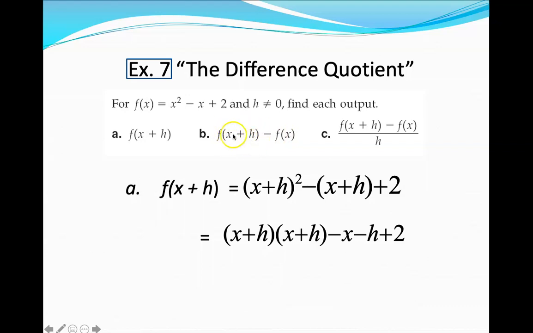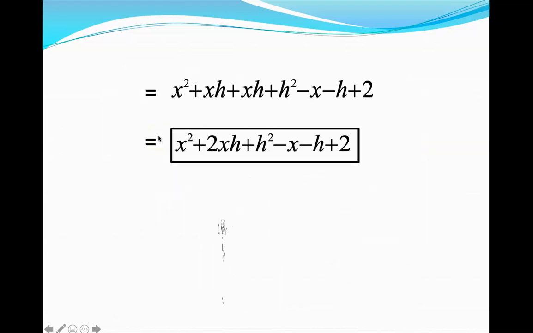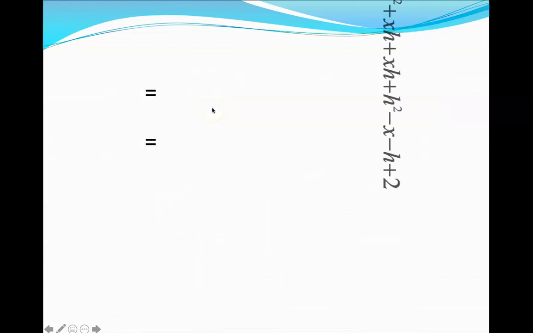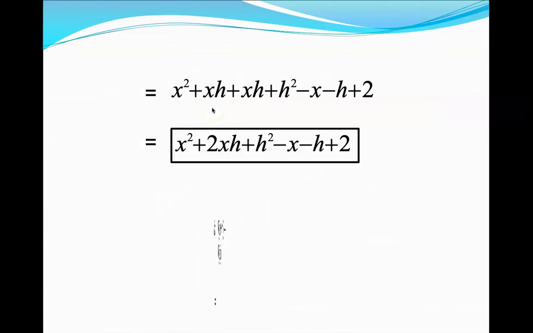Here I'm asking you to take f of x plus h, which we just found, that awful looking thing right there, and I'm asking you to subtract f of x. You say, well, what's f of x? F of x is this. So I'm going to take what we did in part A, and then subtract the original function.